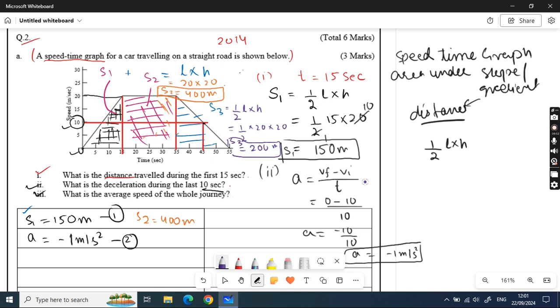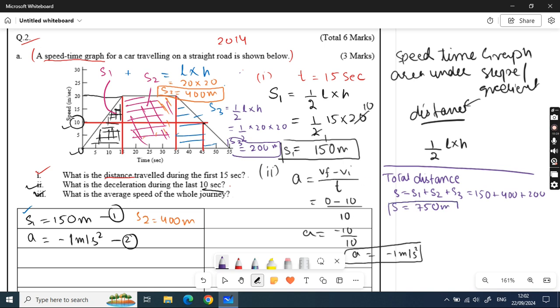Now the total distance S is equal to S1 plus S2 plus S3, which is 150 plus 400 plus 200, which becomes 750 meter. The total distance is 750 meter.